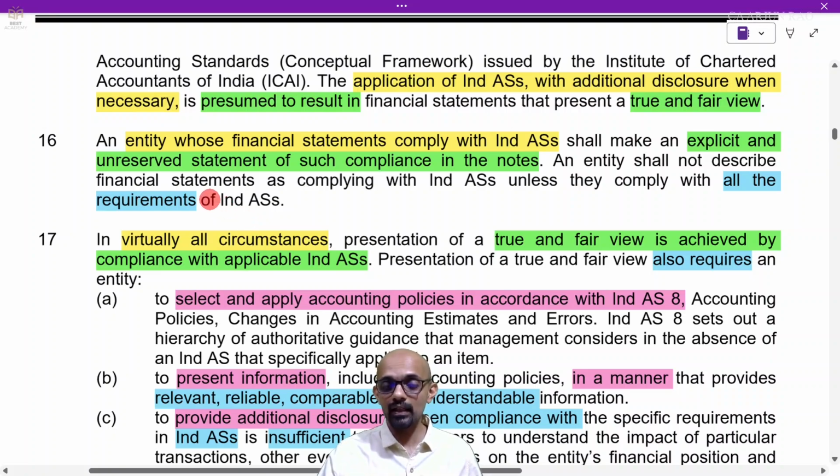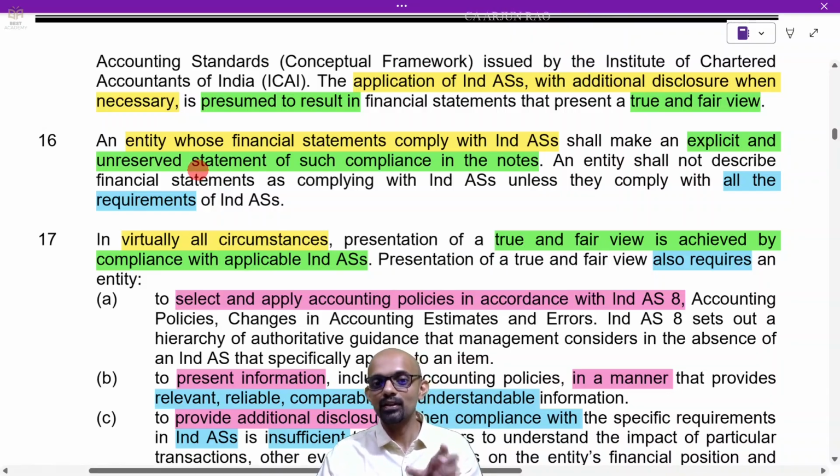Now this again depends on whose opinion, the company's opinion or the auditor's opinion. The company may think we have followed Ind AS and we want to make the explicit and unreserved statement of compliance, but the auditor may have a difference of opinion. No, you have not followed. So should we or can we still give this explicit and unreserved statement of compliance?